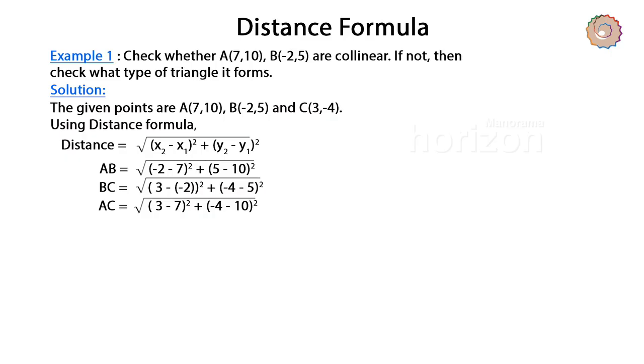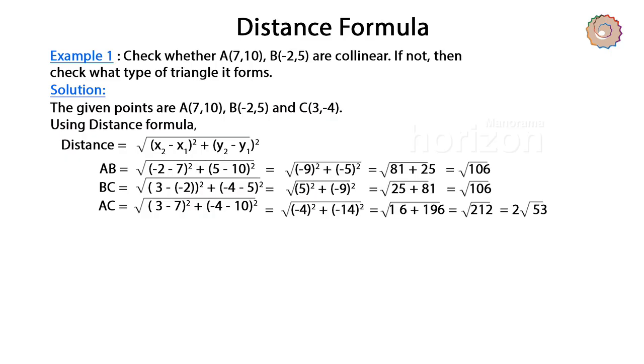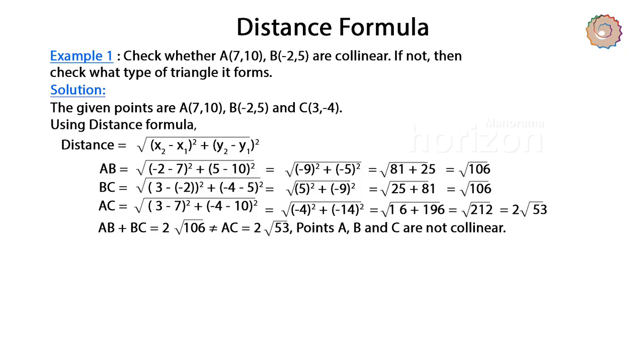On further calculation, we get AB and BC as root 106 and AC equals 2 root 53. Adding the smaller lengths AB and BC, we get 2 into root 106, which is not equal to AC, that is 2 root 53. So the points A, B and C are not collinear and form a triangle.